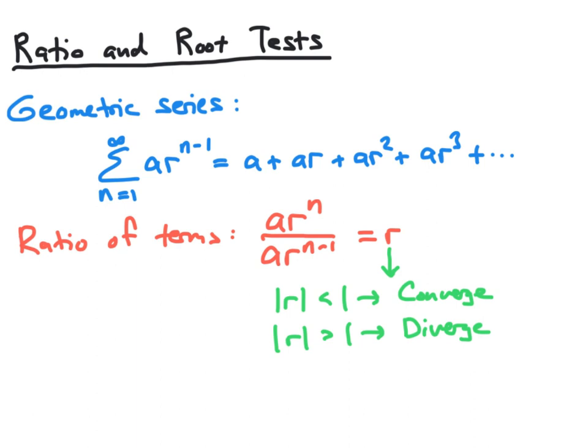And we can see if we have one of these two conditions, and that is if the ratio of terms is less than 1 or greater than 1. And if that is the case, then the series that we're analyzing will either converge or diverge respectively. And so the ratio test puts all of this into a formal convergence test that applies to any series with non-zero terms.